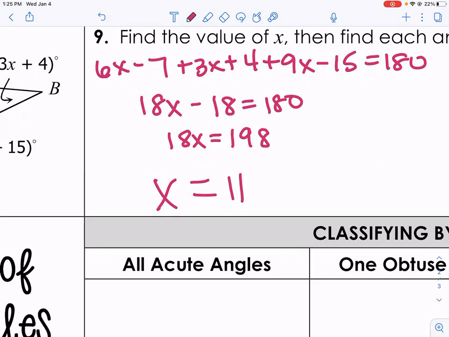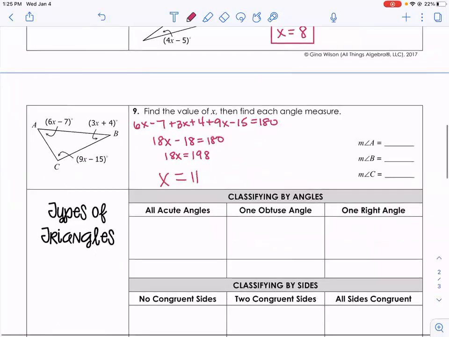Okay, so if X equals 11, then we're going to plug that in to find the measure of each angle. We know that angle A is 6x minus 7. So the measure of angle A is 6 times 11 minus 7, which is 59. We'll put our little degree symbol there.